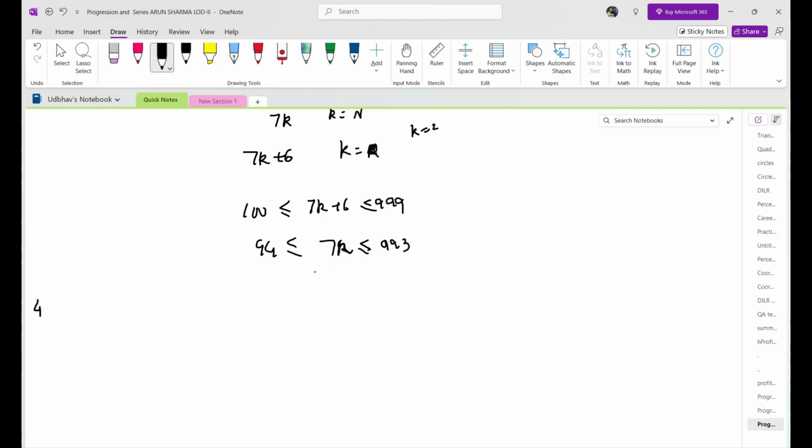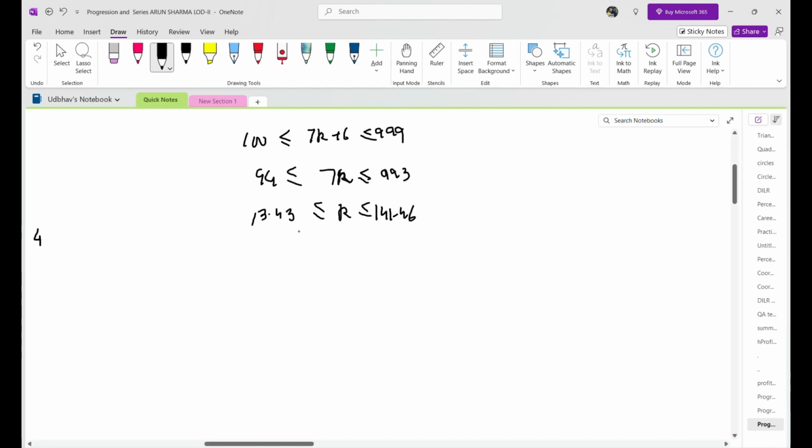We can divide everything by 7 and we'll get 13.43 and 141.86. So we got the values of k, which will be up to 141 starting from 14, right?